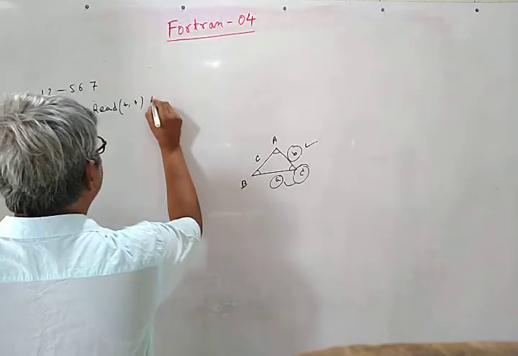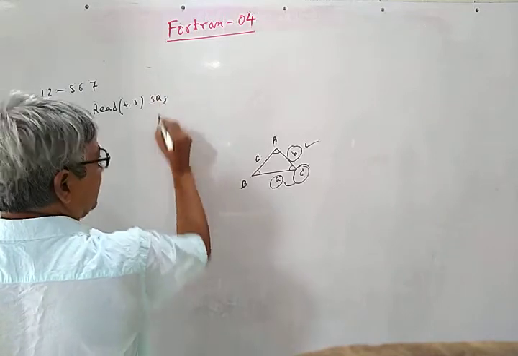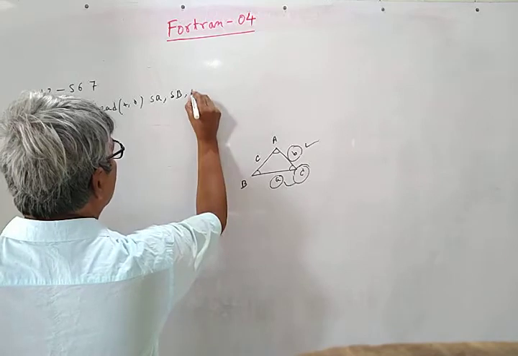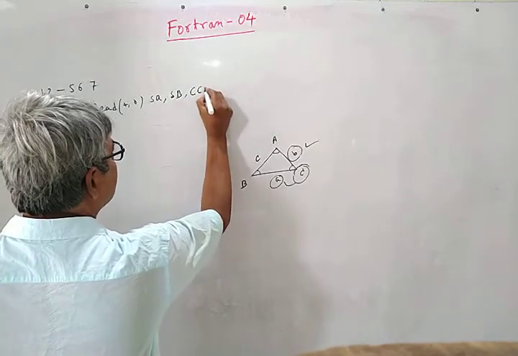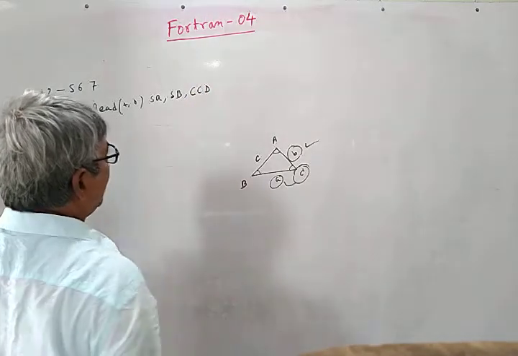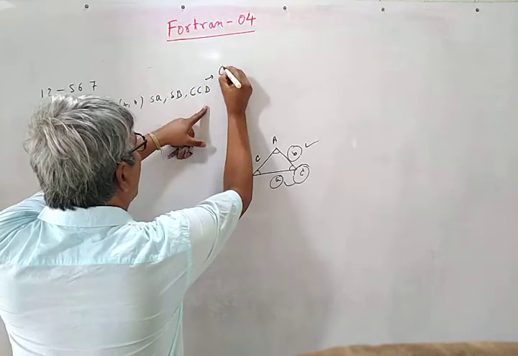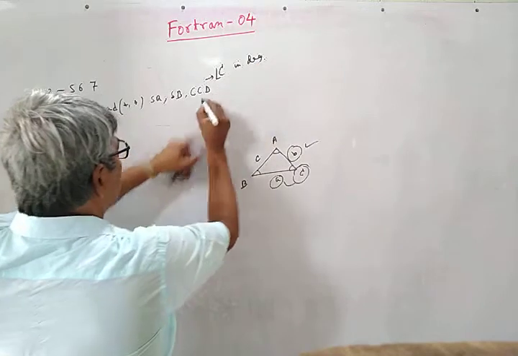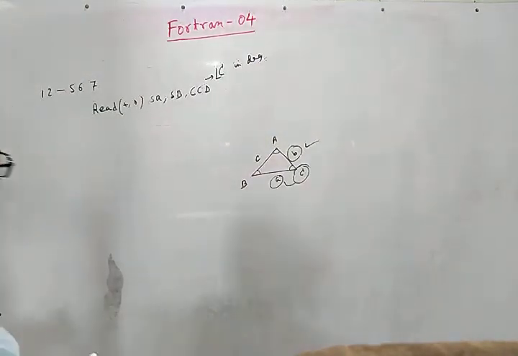For small a we write SA, for small b I write SB, and for capital C I write CCD, capital C in degree. So this is the value of angle C in degree.